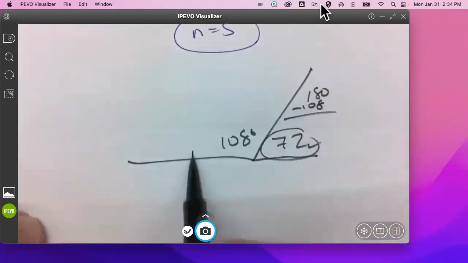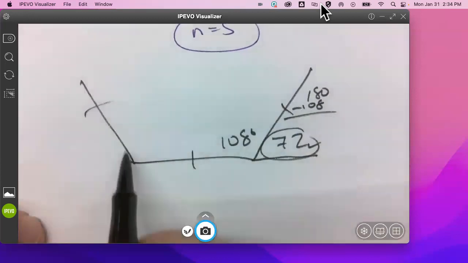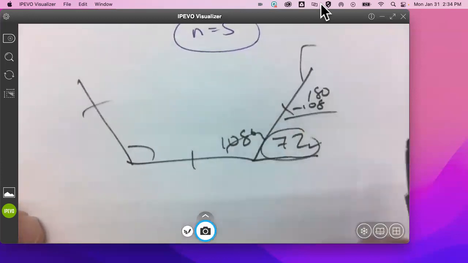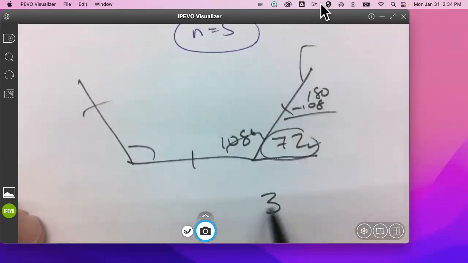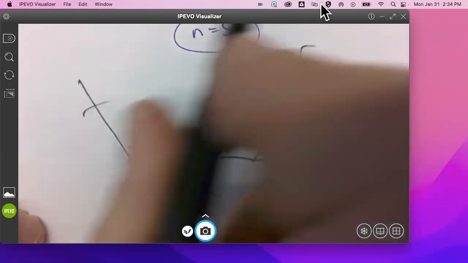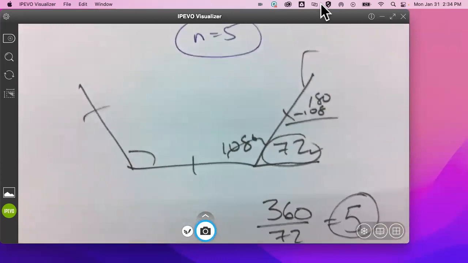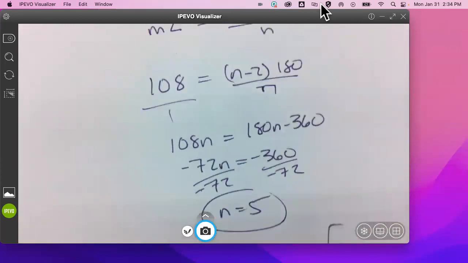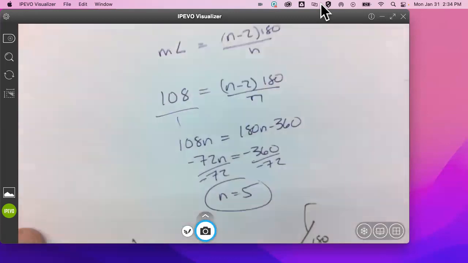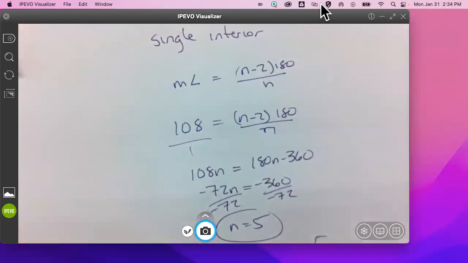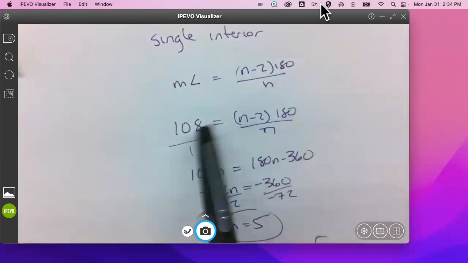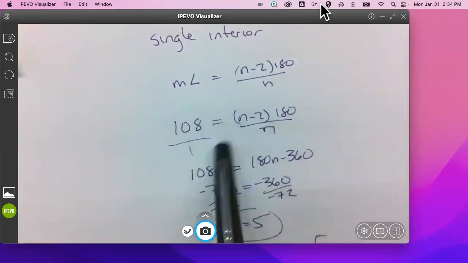And then if it's regular, where all the sides are the same and all the angles are the same, then all you have to do is say among the 360 that are around the outside of this thing, if each one of them is 72, I can just divide that by 72. And that tells me how many of them there are. Or you could just plug and chug, do the formula like I did here. The single interior angle formula. Plug in the 108 there, cross multiply and solve.